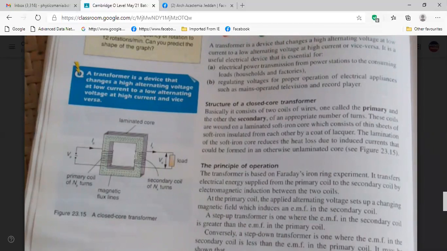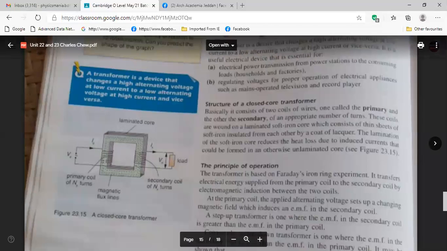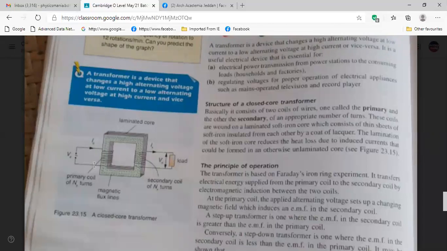We are moving the magnet, right? So we are moving the magnet towards or away from the coil, then we are getting induced EMF. Now we are not moving any magnet or any conductor, but by giving alternating voltage we are having the change in magnetic field automatically.